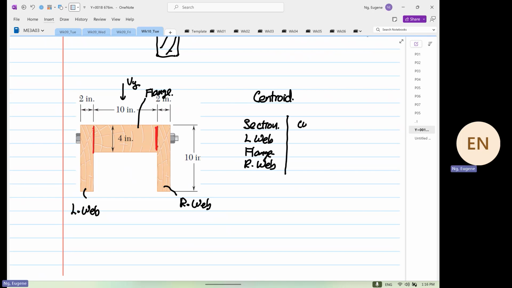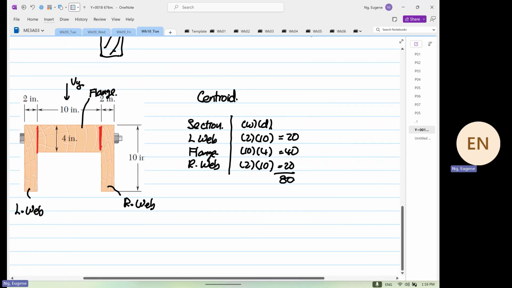Then we have our width and depth. The width is 2, the depth is 10. The width is 2, the depth is 10. The width is 10, the depth is 4. The areas are 20, 20, 40. When you add all this up, it's 80.